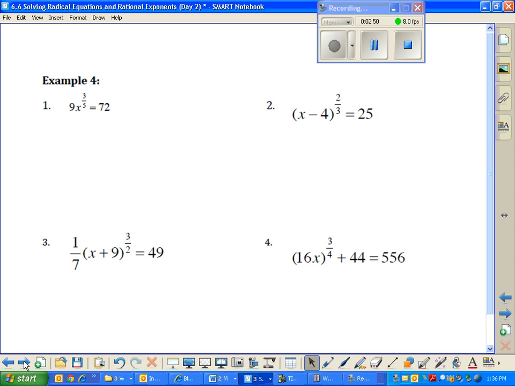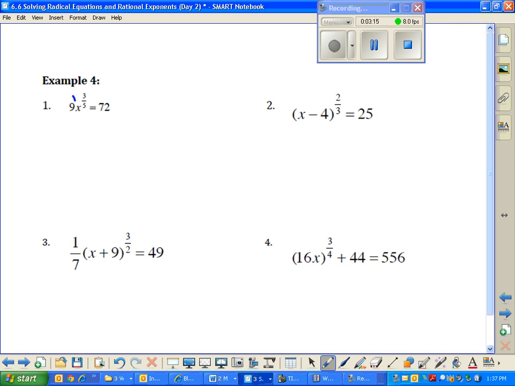Step 1 in the paragraph above, you have to isolate the base that has a rational exponent. There's only one base that has a rational exponent in this problem. 9 is not that base. 9 is raised to the first power. So that has its own little thing going on.